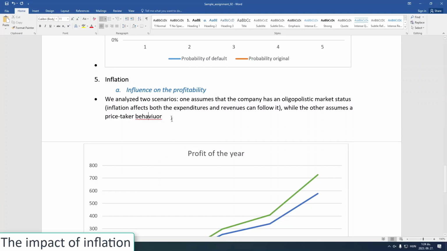It's not British, it's English. Okay. Price taker behavior, and only costs are increasing, but these are not.